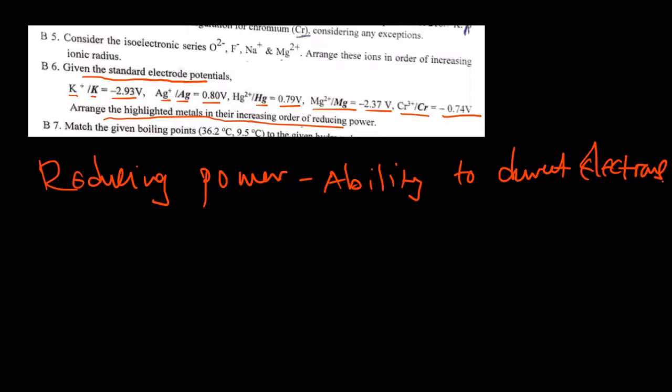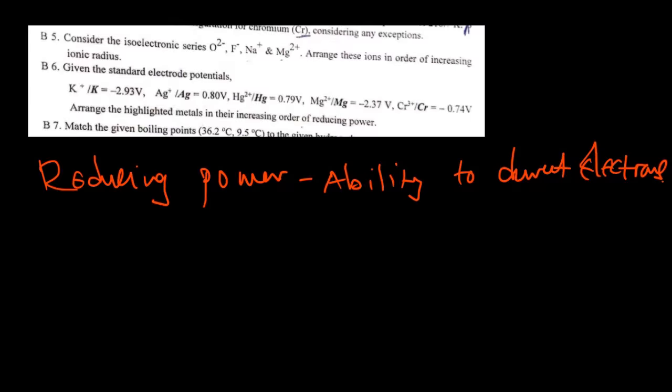From the values that we've been given there, let's arrange them. I said metals with more negative electrode potentials are stronger, right? So it means metals with more positive electrode potentials are weaker.